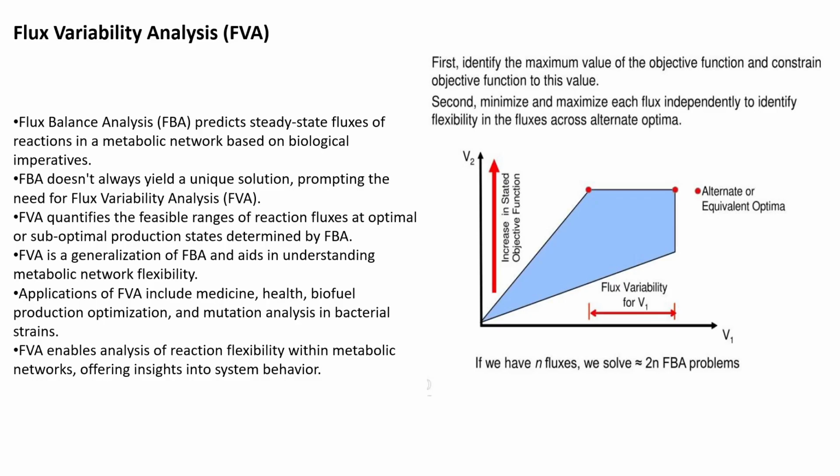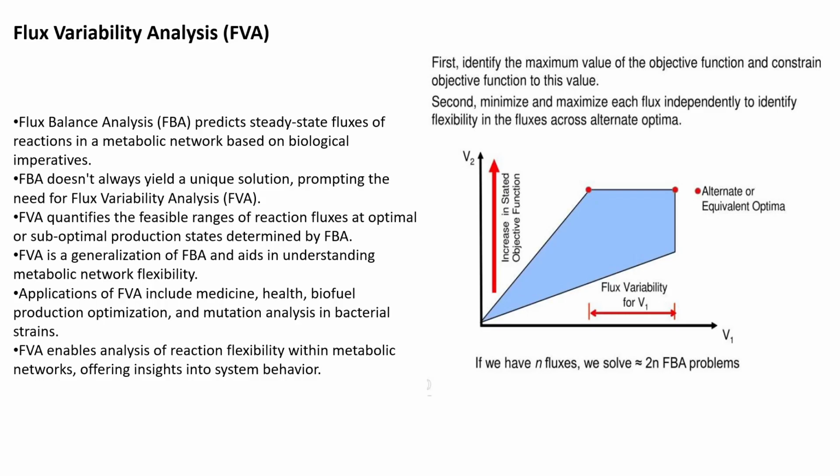So you have a range of solutions for a particular metabolite, which gives you a reaction flexibility within the networks. Your reaction can have the maximum flux, corresponding to this particular value. Your reaction can also have a minimum flux corresponding to this particular value. Now, your reaction can be within this range.